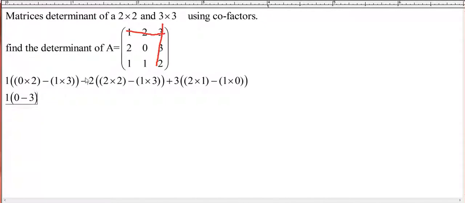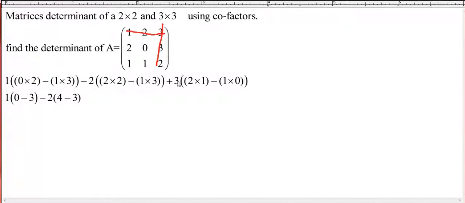This part we are done. Move on to this minus 2. So 2 by 2 is 4. So it's 4 minus 1 by 3, so it's minus 3. 4 minus 3. And then we are done with this part.